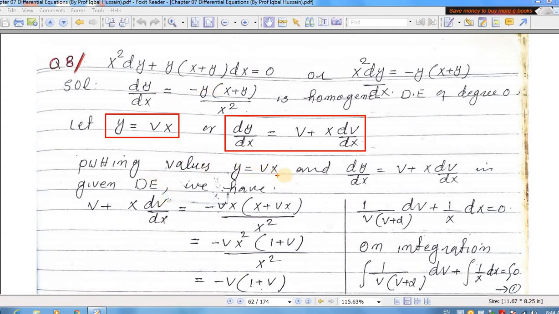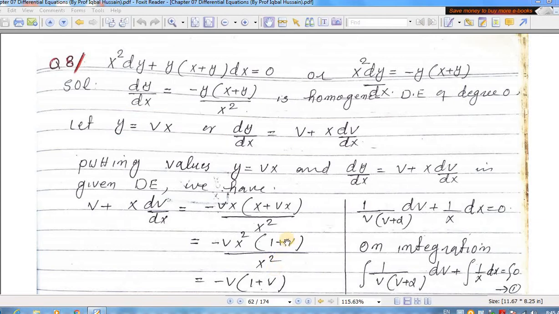So putting these values in the given differential equation, for dy by dx we put its value. Similarly, the value of y is vx, and the value of y is again vx here. Now simplifying, vx into x is equal to, now taking x common, cancelling x square with x square.